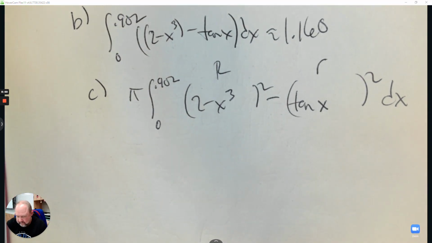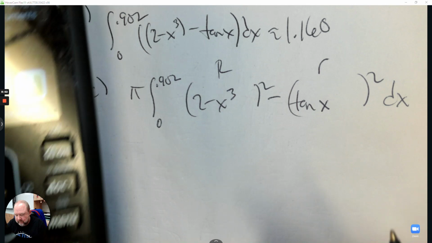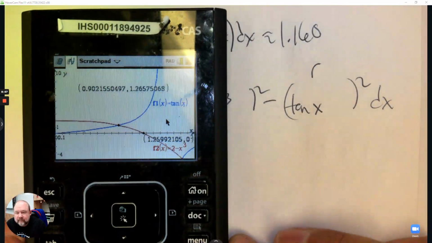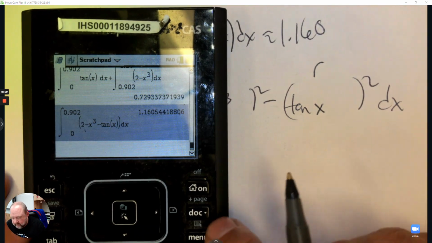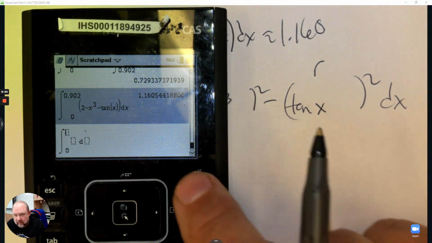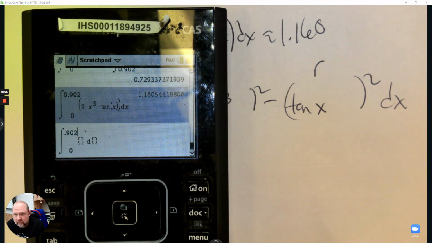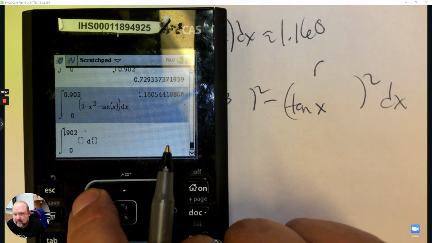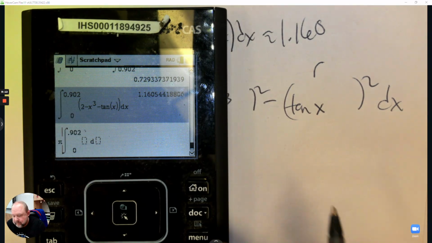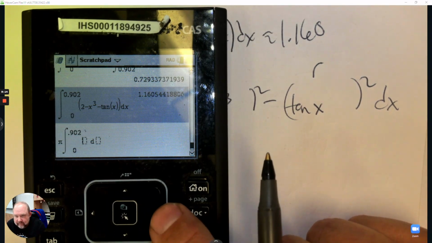And then we type that in the calculator. So again, 0 to 0.902. Oops, what did I forget in front? Pi. Important, right? So there's the pi that I forgot.